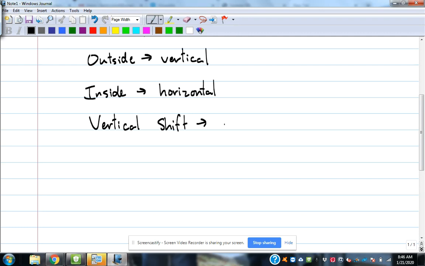A vertical shift is going to take the parent function, whatever it may be, and add something on the outside. An example of that might be y equals absolute value of x plus 3. That shifts it up 3 units. If it were absolute value of x minus 4, that shifts it down 4 units. What does an absolute value graph look like?